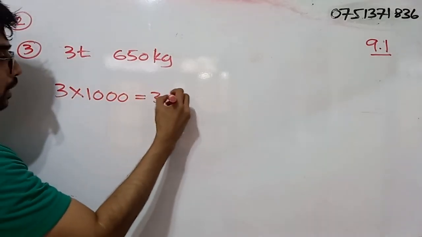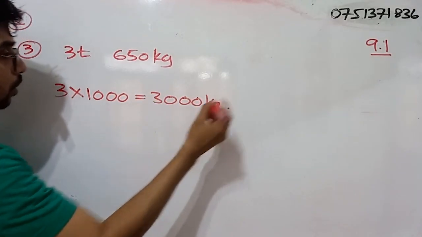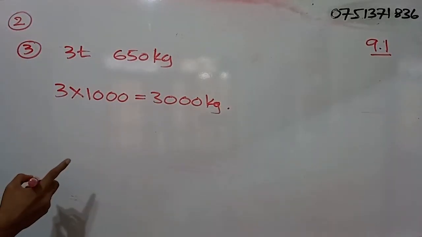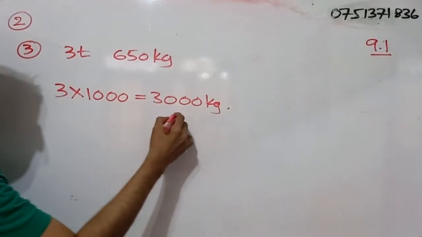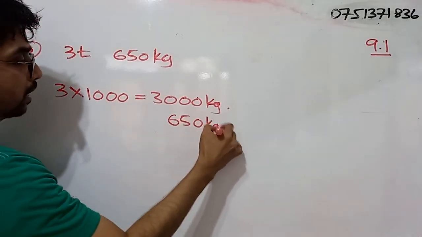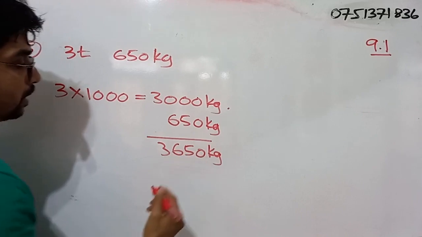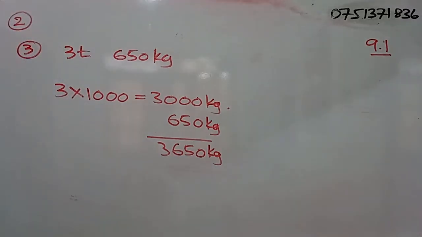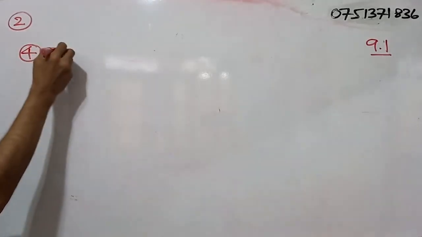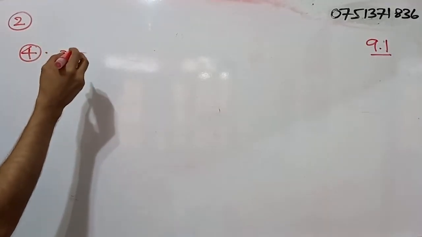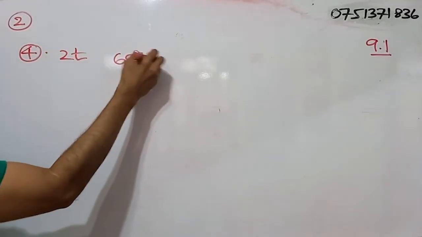So we get 3000 kilograms. Right? So this is not the answer. We still need to add another 650 kilograms to it. So we get the answer as 3650 kilograms.